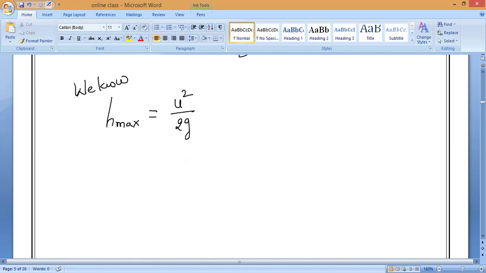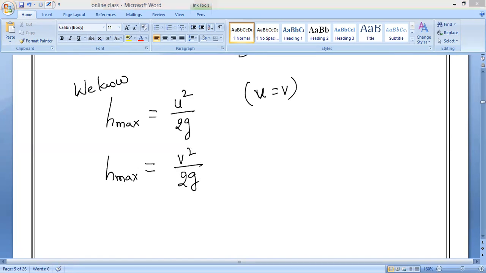Yes or no? Now, we know u is equal to v. Then what is the modified formula? h max is equal to, in place of u, I can write v square divided by 2g. Can I write it, right or wrong? Yes, right, sir.